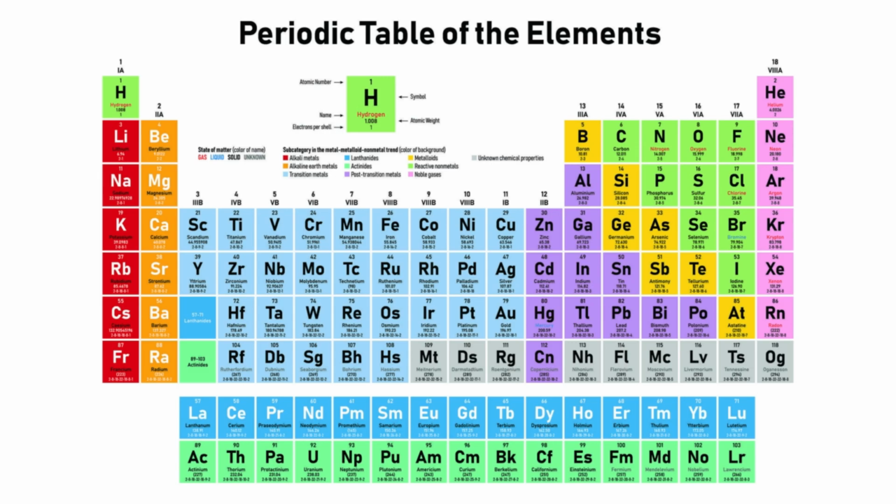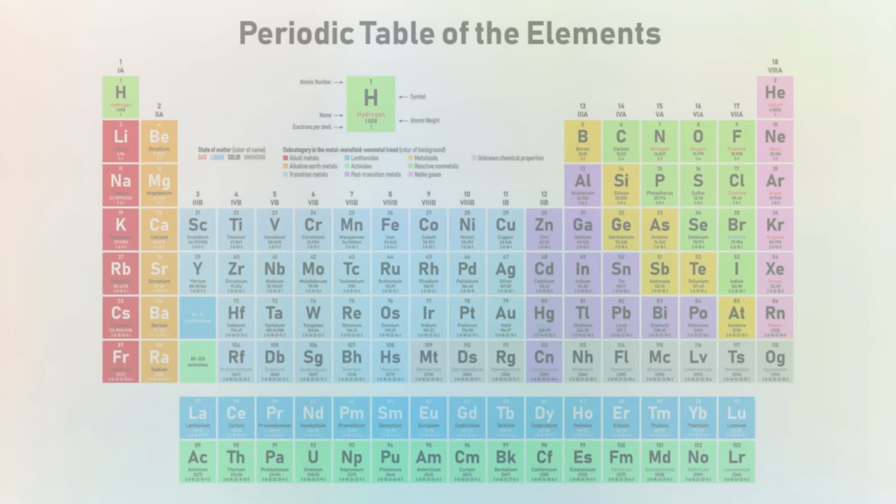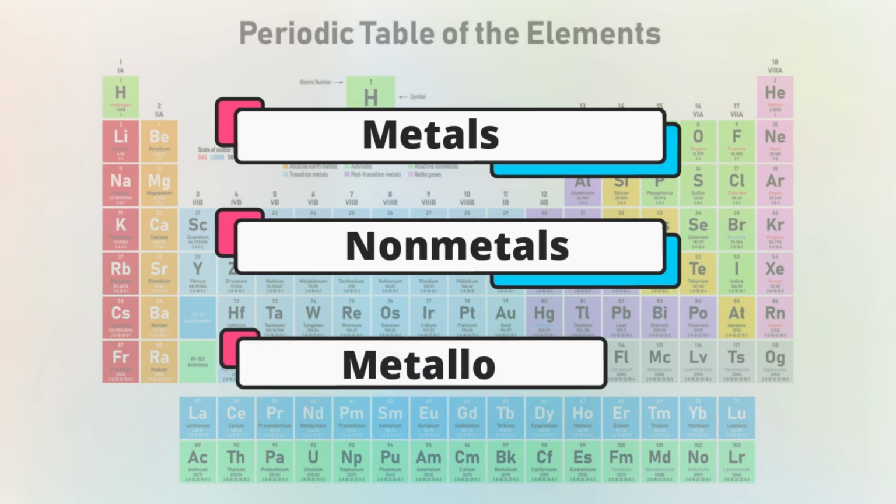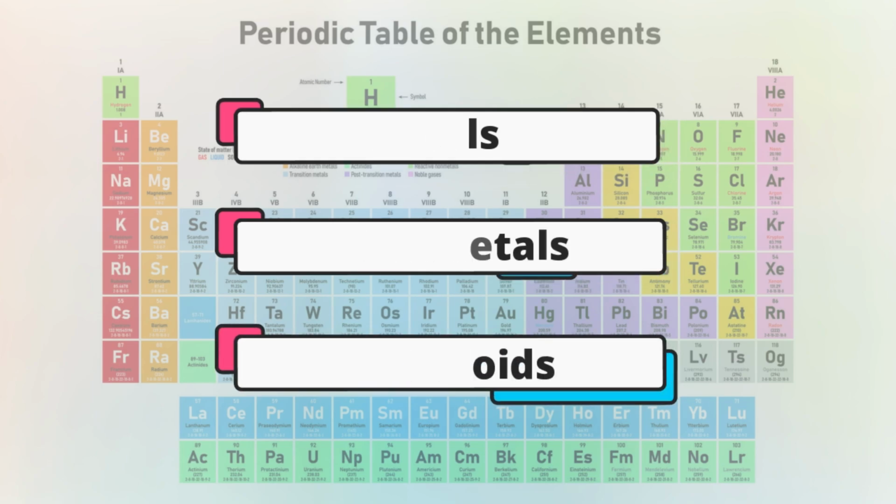Don't worry, there is no need to memorize the periodic table, but it is an advantage to be familiar with it. The elements in the periodic table are grouped in three classes: metals, nonmetals, and metalloids.